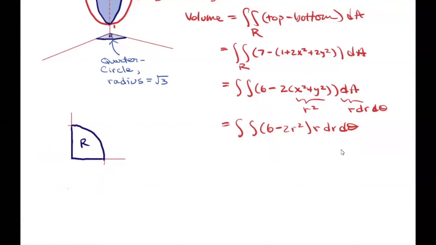So again, the limit here, I'll make it bigger, but we're mostly interested in the limits for r and theta. And again, I always draw the same picture here, thinking about slices that go out from the origin radially, like that.